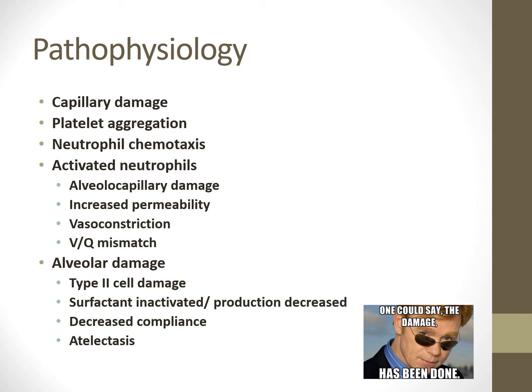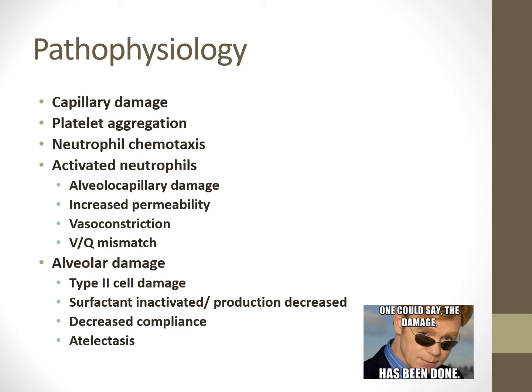Basically with ARDS, let me read through this, and then I have some other notes on the side to explain between this slide and the next. We have platelet aggregation. The inflammatory process in ARDS involves a complex interaction between the platelets, the leukocytes, the mononuclear cells, the macrophages, and the epithelial cells.